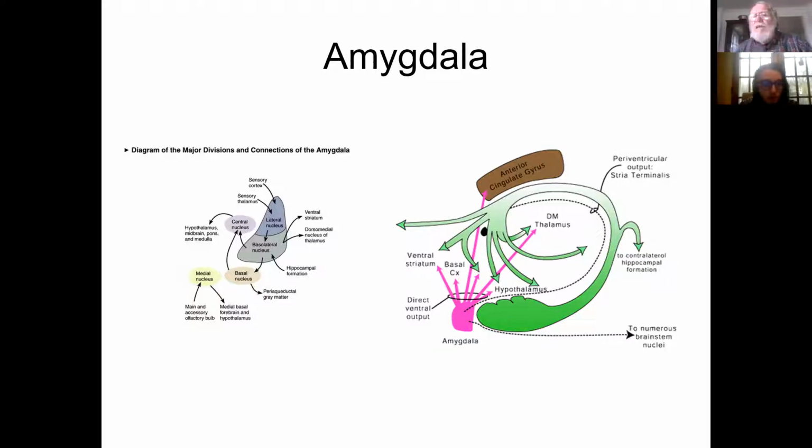But using modern neurobiological techniques, you're able to inject these adenoviruses into particular brain areas. These adenoviruses can then get activated within those nuclei by pulses of light, usually blue light.